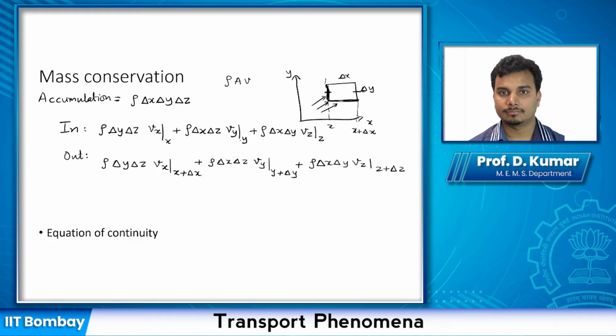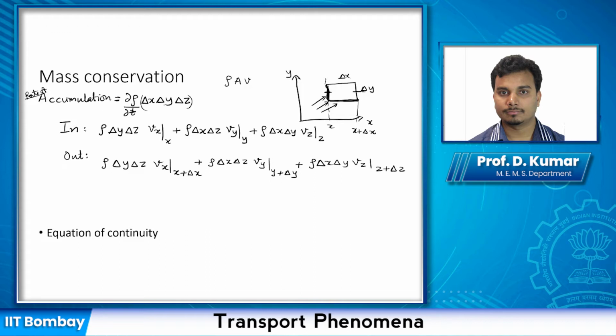Okay, so this is the mass coming in, this is the mass going out, and this is your accumulation term. But we actually talk about rate of accumulation, so you have to do del by del t. So we should have dou rho by dou t, right? Then you have the volume term.